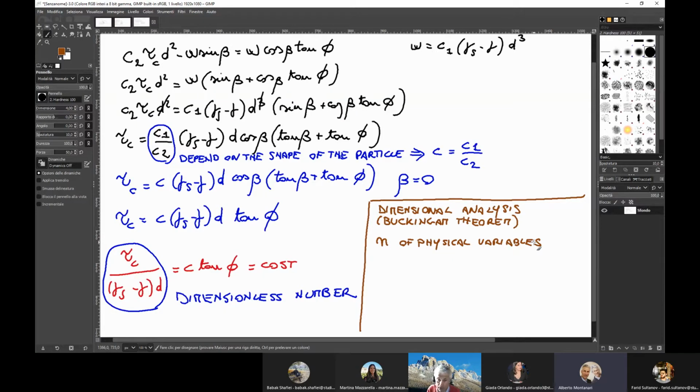So let's suppose that we have a process involving a number n of physical variables, and let's suppose that these variables have k dimensions.